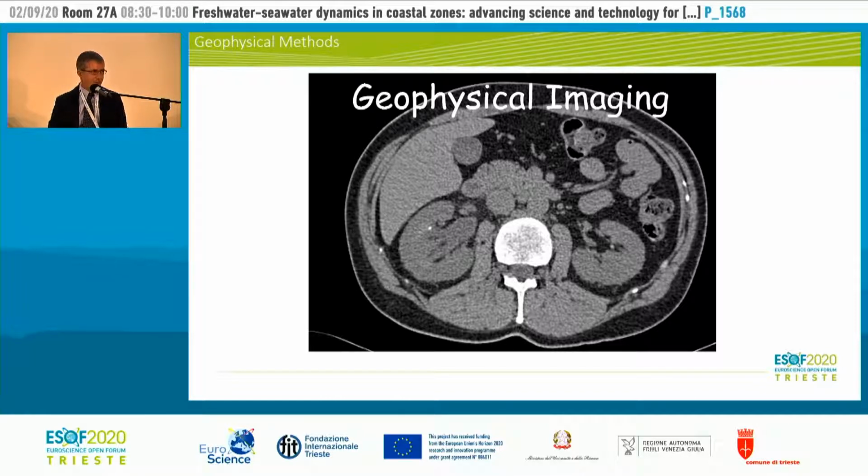What you can see here is a couple of kidneys and a kidney stone. The stone is a couple of millimeters; the resolution is 200 microns. And it's very nice, from my point of view, that they could see the stone without cutting me in half.